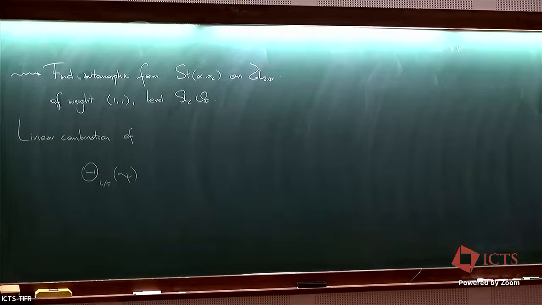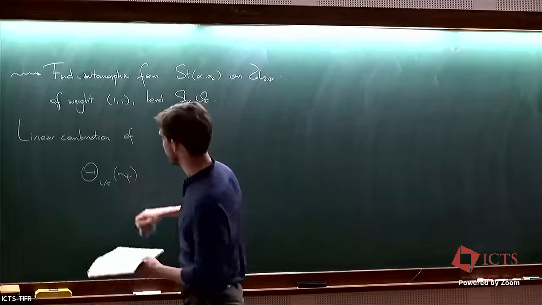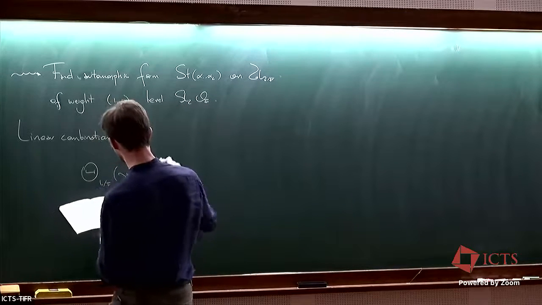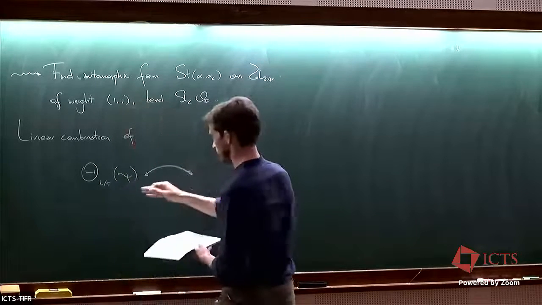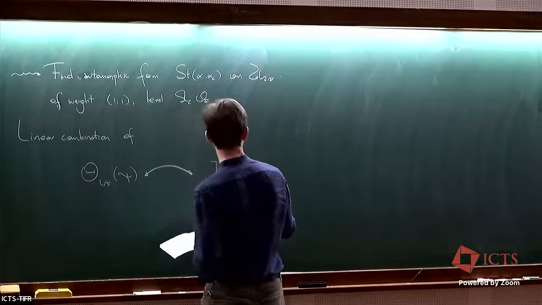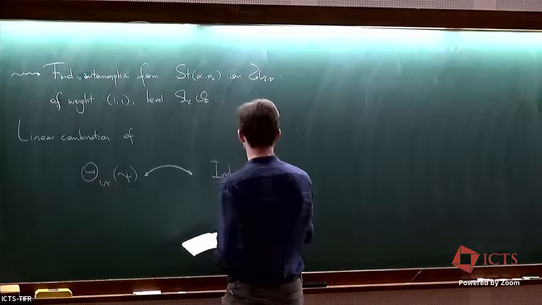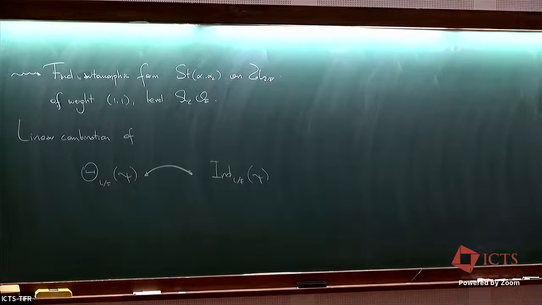We started with a pair of characters on K1 and K2, and somehow we cook up this automorphic form, which is a theta series induced up from a character psi of L over F down to F. Yeah? So this will correspond to some standard theta series. This is the theta series, and the representation that corresponds to it is just the induction of that character down to F.